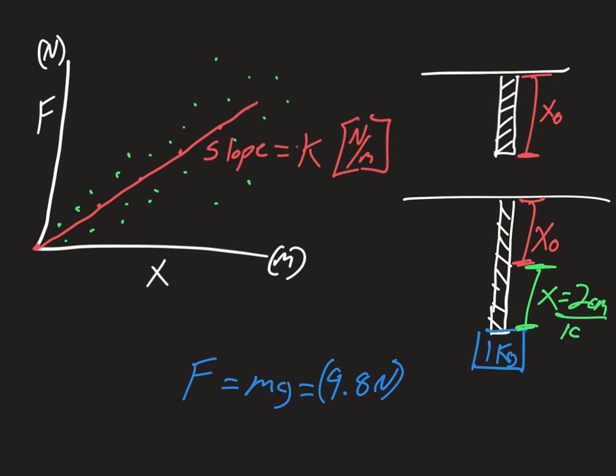Luckily, there's 100 centimeters in a meter, and so we would get that our x distance is equal to 0.02 meters. And we could then go in and make that our plot point. Our plot point, for our x-axis would go to 0.02, our y-axis would go to 9.8.